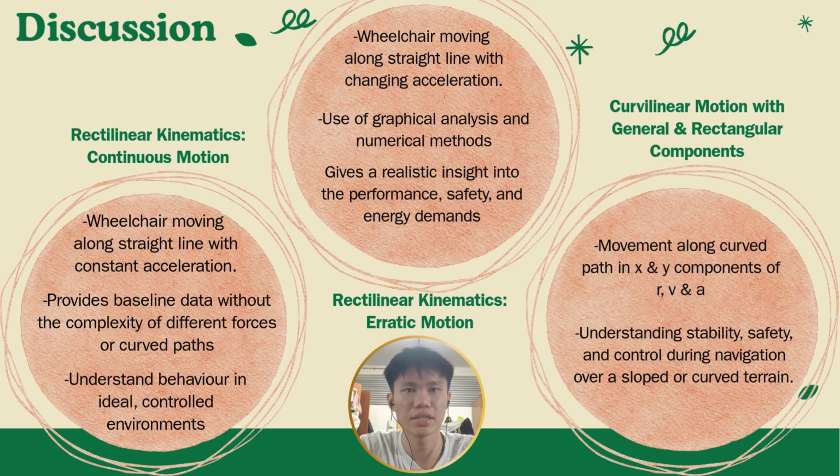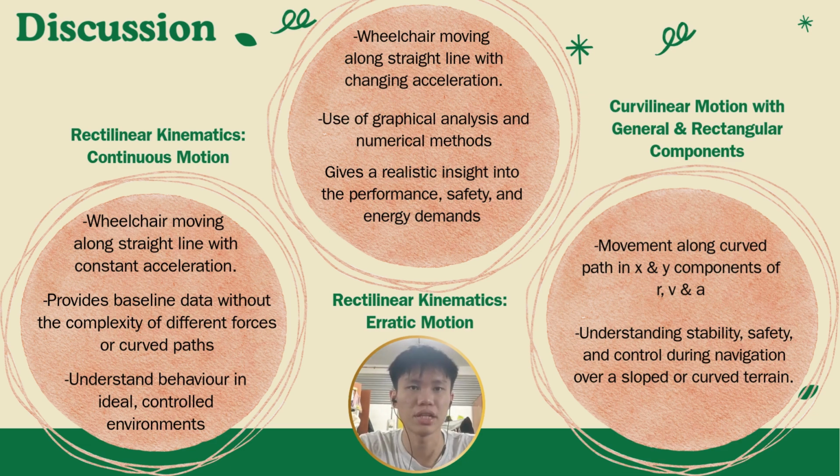This type of analysis is very crucial and essential in the early stage mobility evaluation, because it provides baseline data without the complexity of different forces or curved paths. It helps in understanding how the wheelchair could behave in ideal controlled environments such as smooth corridors or ramps, where the performance can be optimized for comfort and energy efficiency.